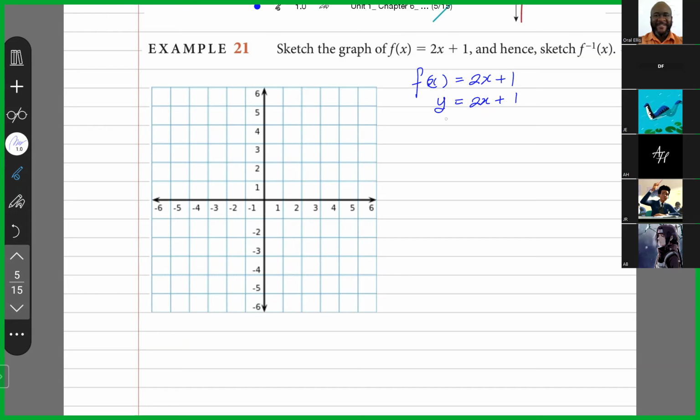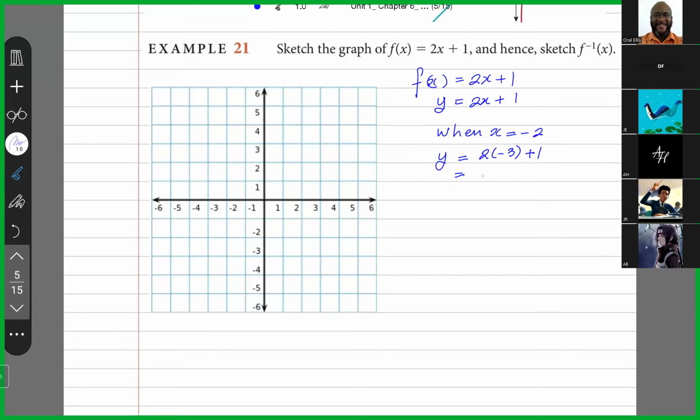So let us say when x is equal to, let us say, minus 2, y would be equal to 2 times minus 2 plus 1.